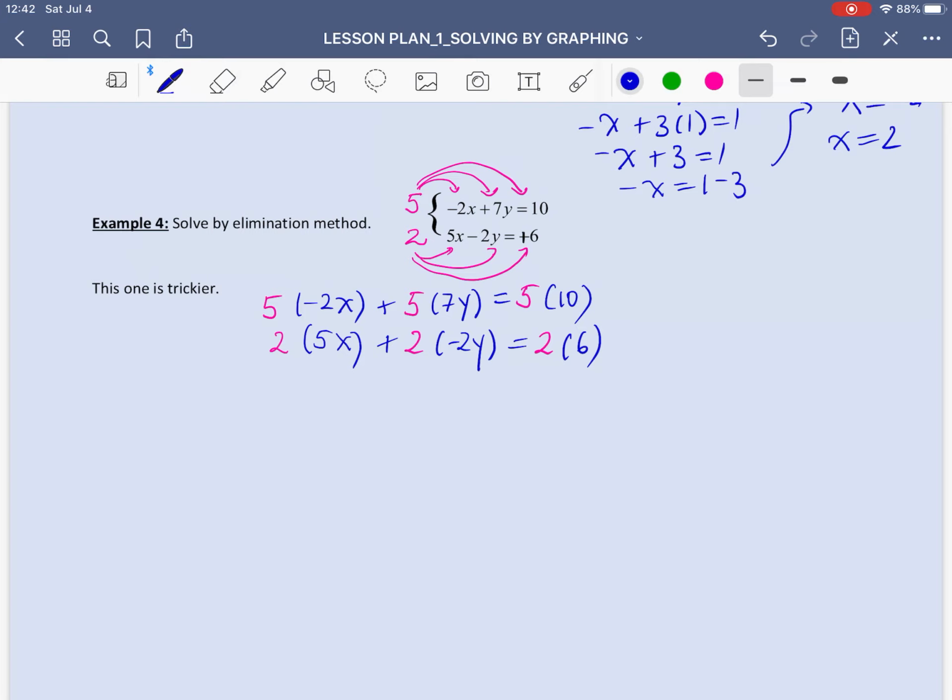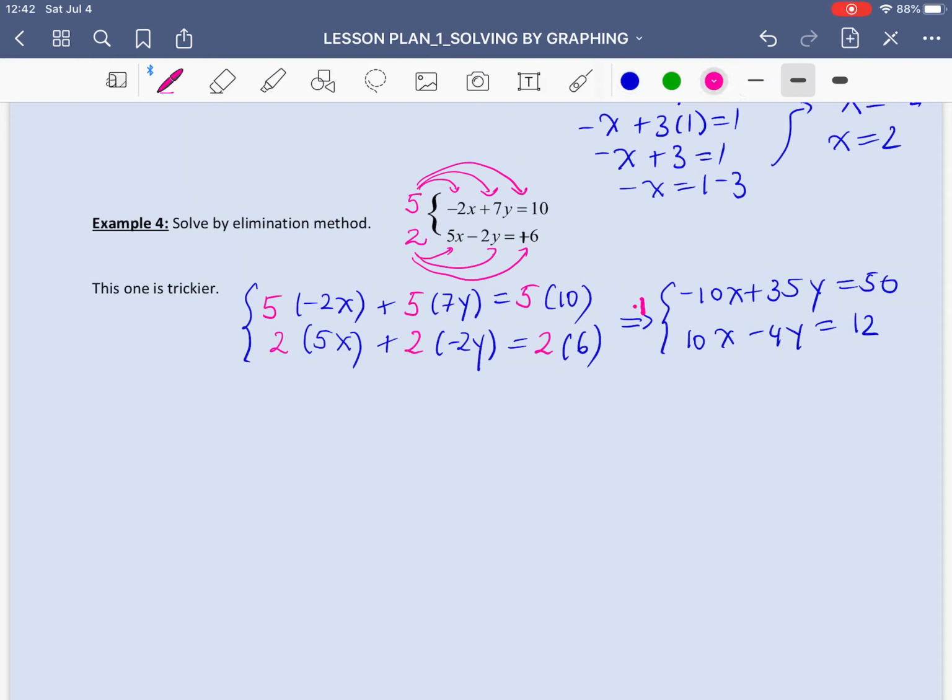Okay, now simplify each equation, and we have negative 10x plus 35y equals 50. Next one is positive 10x minus 4y equals 12.